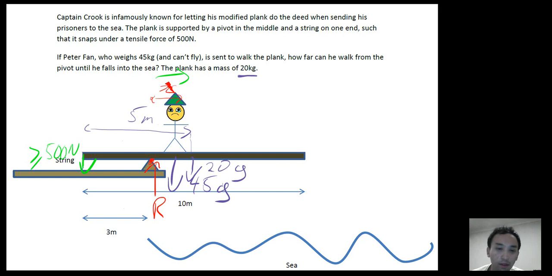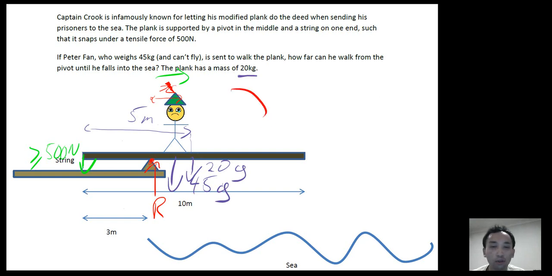Okay. And from here, we want to see how far he can walk. Now, if we have 500 newtons over here, then this system will still be in equilibrium. But if it's greater than that, it won't be. It will tip clockwise.